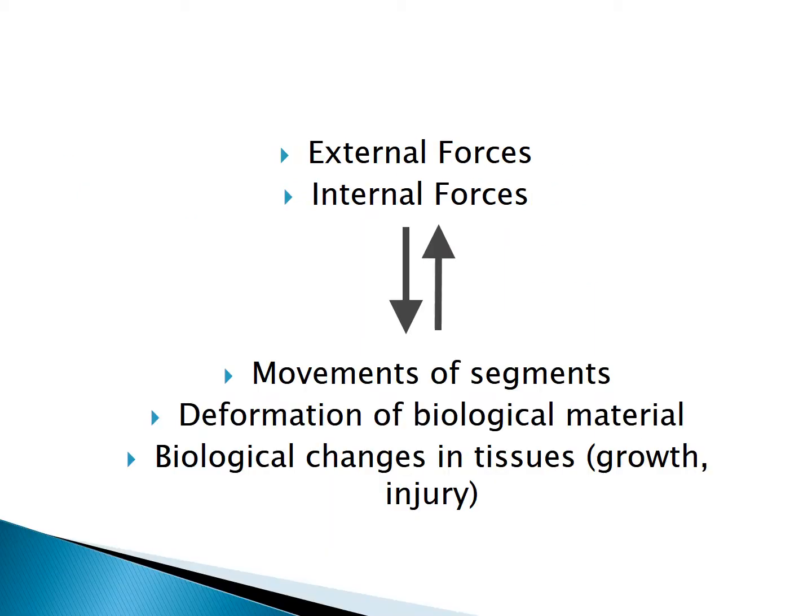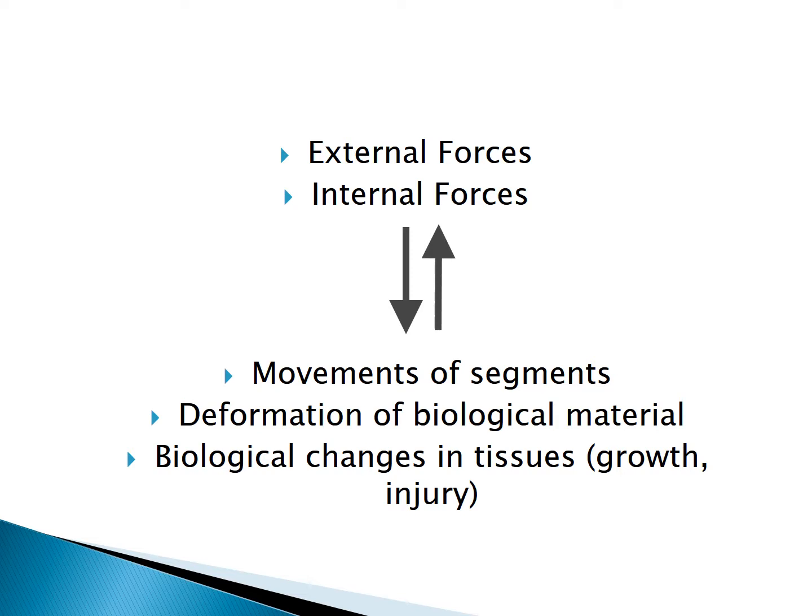So here's another way of looking at what's going on. You've got forces acting. There are the external forces, such as when the ground interacts with the horse's hoof. You've got internal forces, like the action of the muscles on the bones.